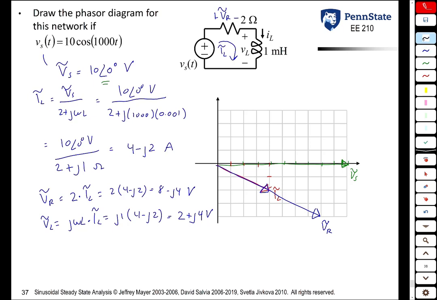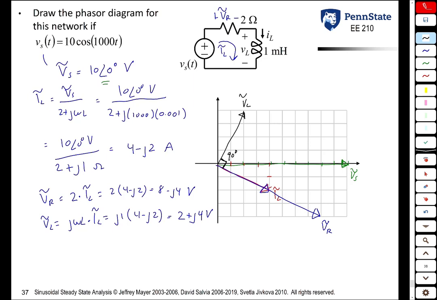The inductor has a voltage that is 90 degrees leading the current, and its value is going to be 2 plus J4. So VL tilde looks like that, and notice there is a 90-degree angle here.